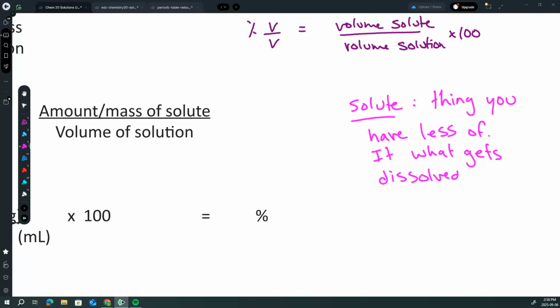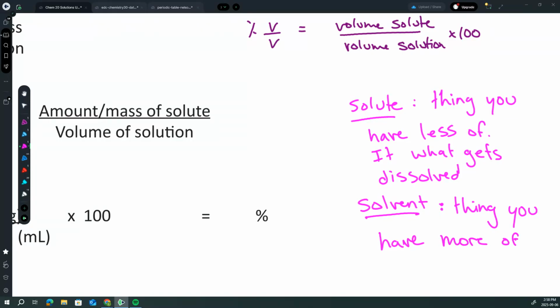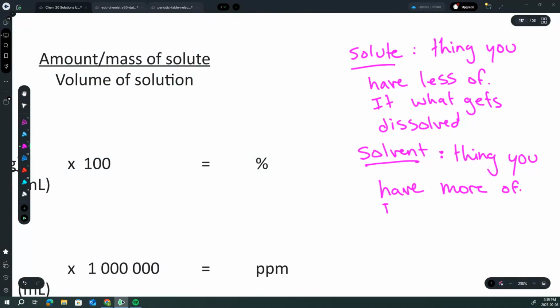Okay, so solute, thing you have less of, it's what gets dissolved. Your solvent, this is what you have more of, and it does the dissolving.